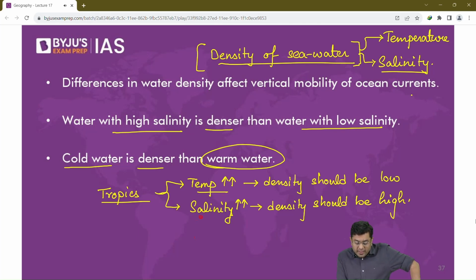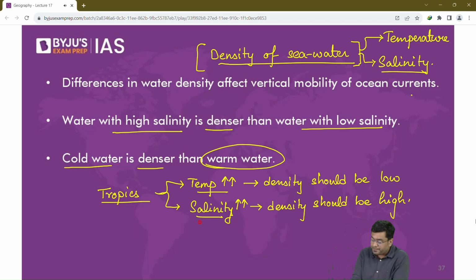Okay. So as per the factor of temperature, density should be low. As per the factor of salinity, density should be high. What will be the outcome? Whenever both factors are at play, temperature is the dominant factor. Because when you have saline water which gets heated, even that saline water will tend to expand. Heating leads to expansion. So if the saline water gets heated, that saline water will expand.